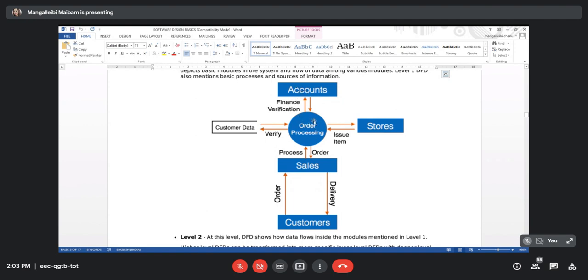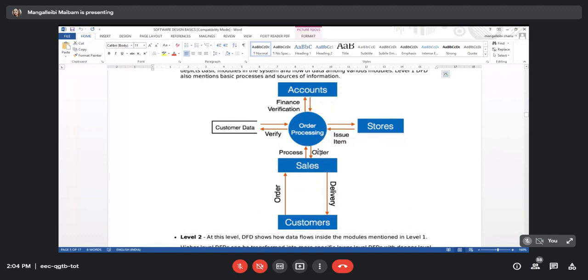And also this order processing is responsible for getting the order from the store, and the store people will issue the item. So this processing is responsible for verifying the data of the customer, payment process verification, and also getting the item from the store.